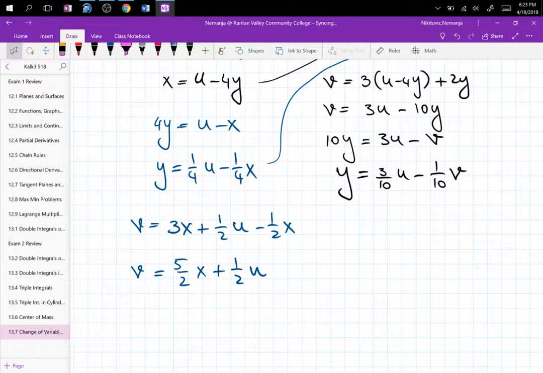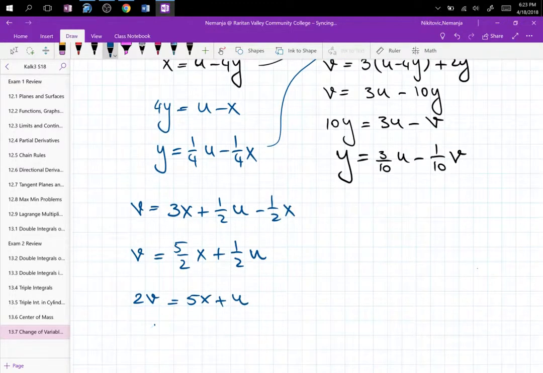And you can multiply everything by 2 to get 2v is equal to 5x plus u. And you just solve for 5x now. So 5x is going to be 2v minus u.